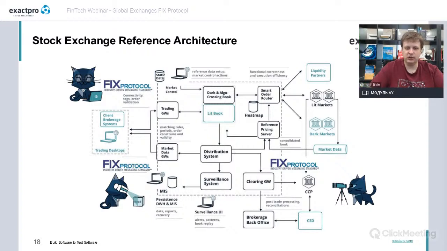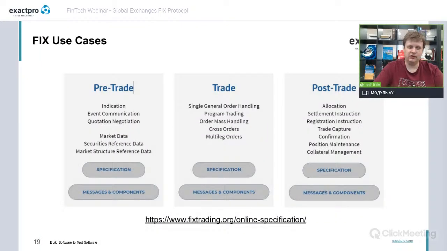So exchanges use fixed protocol at least in three different areas. These three areas are pre-trade, trade, and post-trade. Pre-trade allows clients and brokers to receive information or do preliminary research before submitting orders.